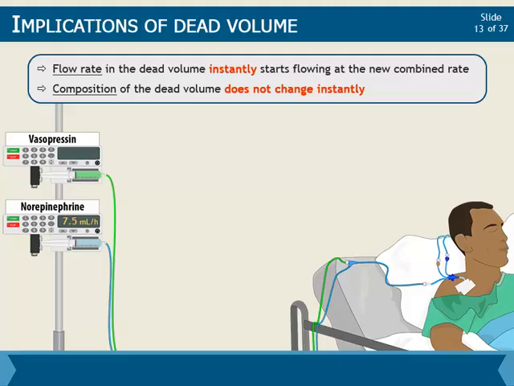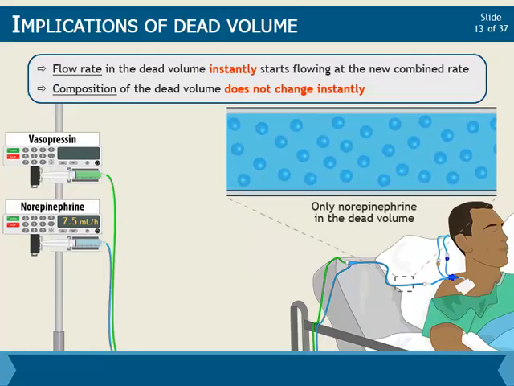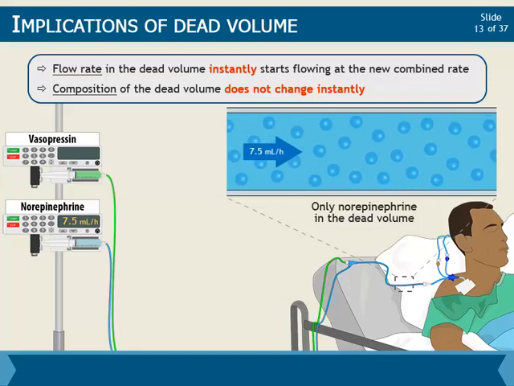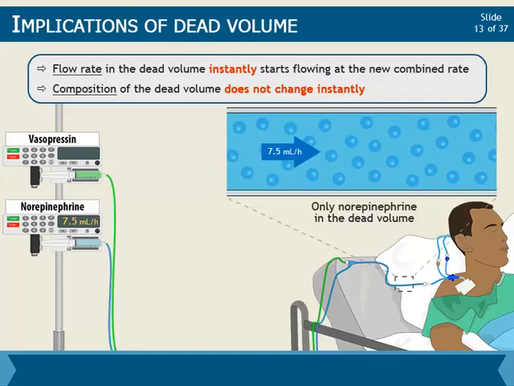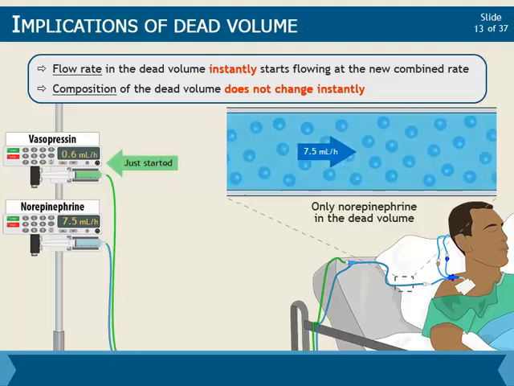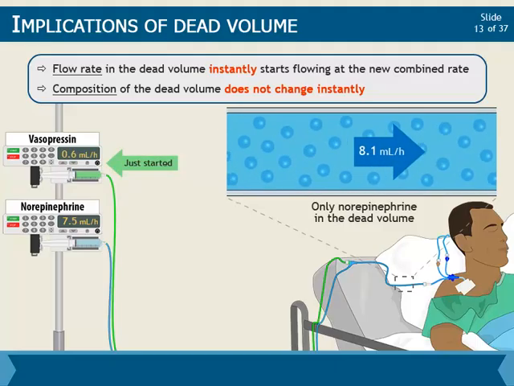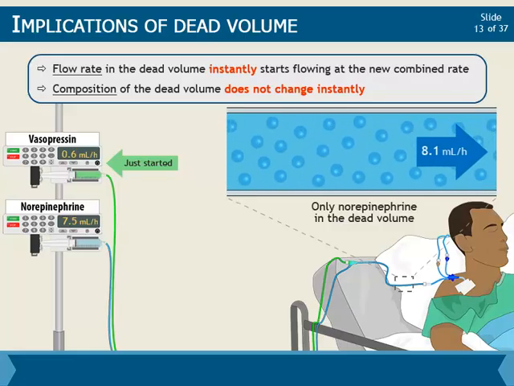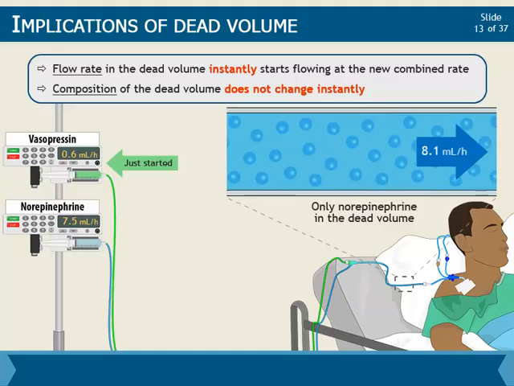In our scenario, let's jump back to the moment we added the vasopressin. Prior to starting the vasopressin, only norepinephrine was in the dead volume, flowing at 7.5 milliliters per hour, exactly as programmed on the pump. Starting the new vasopressin infusion instantly increases the flow rate through the dead volume to the combined 8.1 milliliter per hour rate.